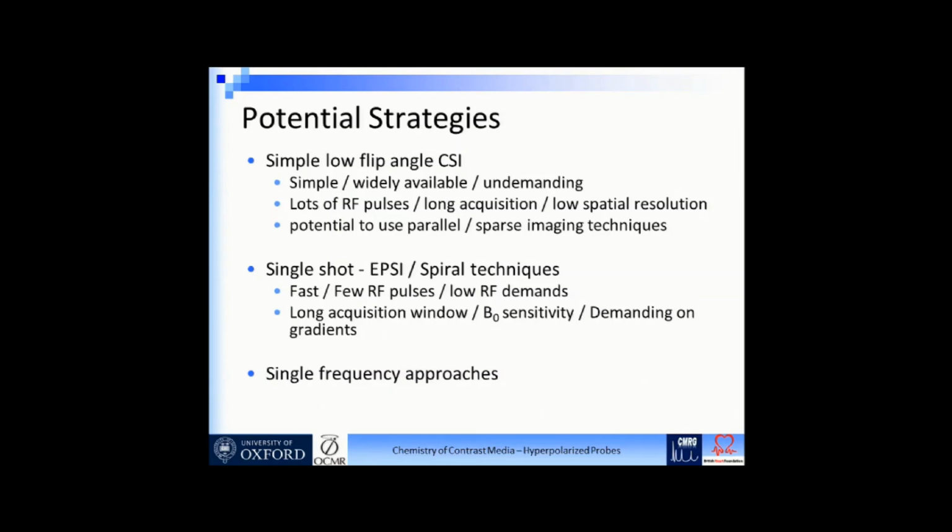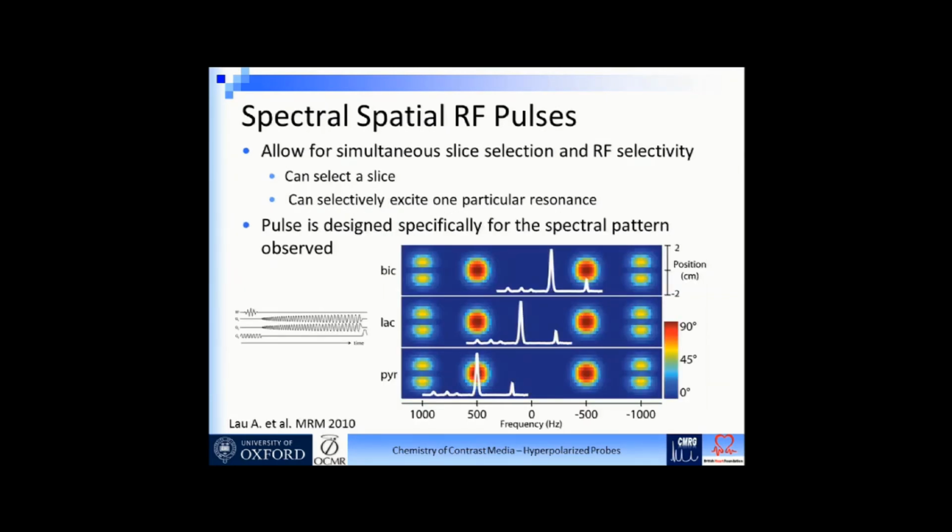And also single frequency approaches are being promoted a little bit more now. And so they're generally taking the form of these spectral spatial pulses, which tend to have been proposed primarily by Chuck Cunningham and his colleagues over in Toronto, which allow for simultaneous slice selection and RF selectivity.